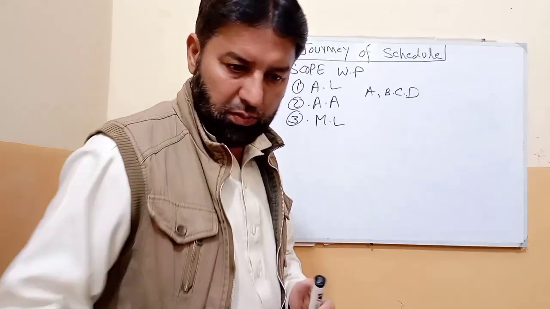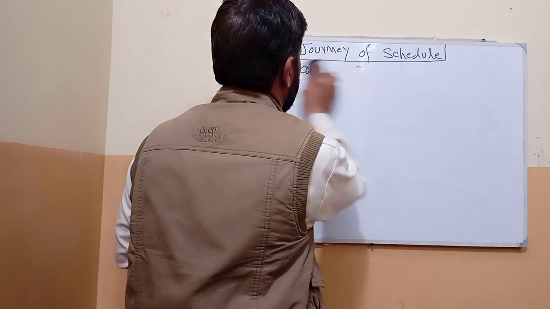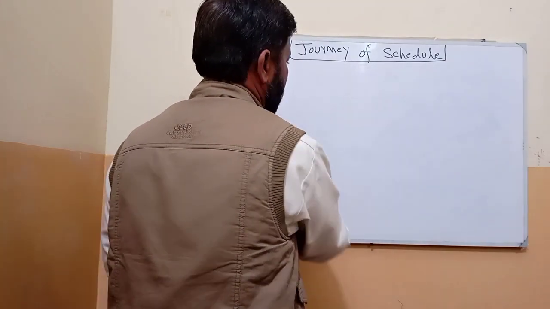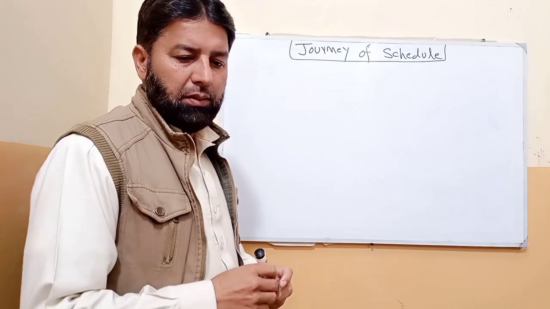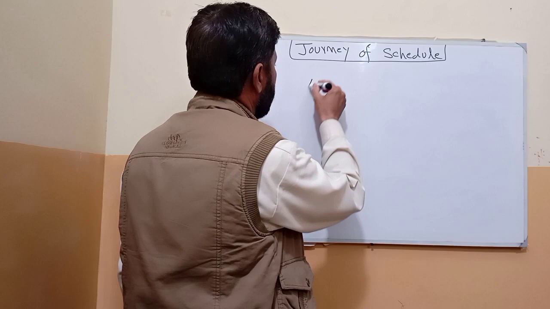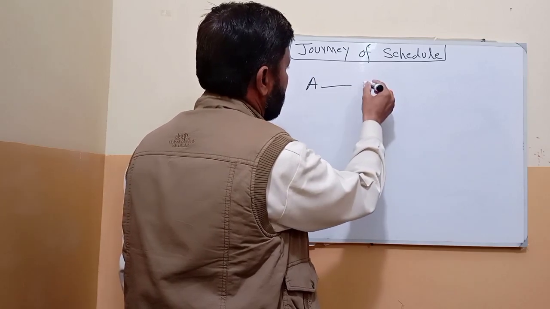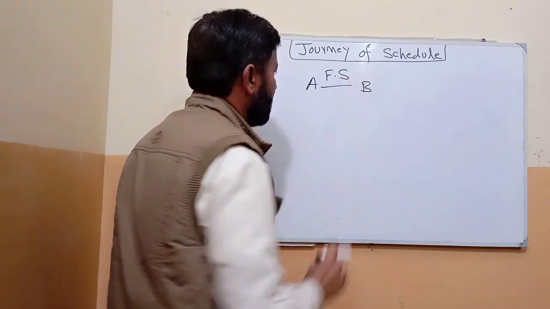Now I will explain precedence relationships. Basically there are four precedence relationships. First, finish to start. Activity A, activity B, and their relationship is finish to start.